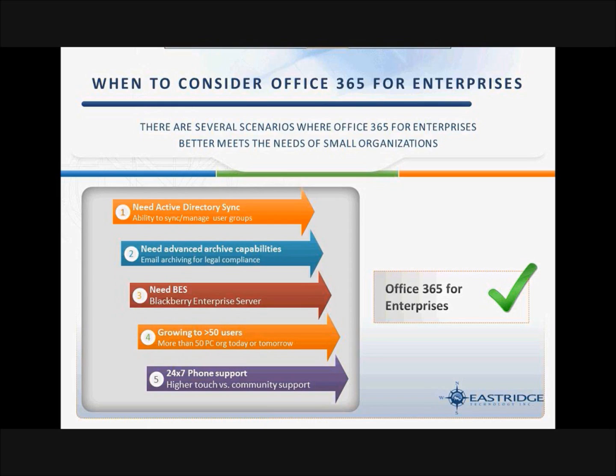And this is a way of having your security groups that are present on your network and manage those in the cloud or in your on-premise network directly. Some customers also need the ability to archive emails and be able to search those archives. Additional options are BlackBerry Enterprise Server, or a higher level of support. All of these are included as part of the Office 365 for Enterprises.